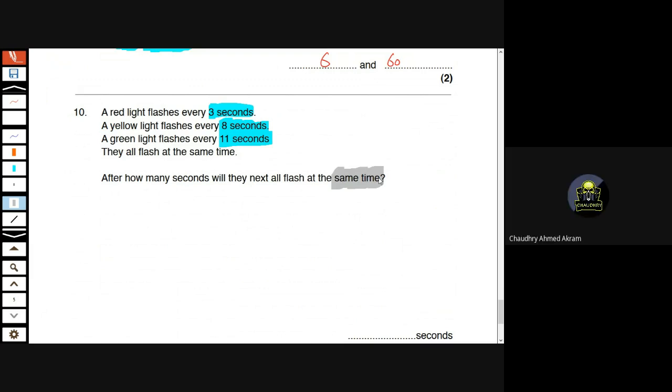Sir, 264. 264. All right. Send me your working as well. Sir, in the WhatsApp group. Yes.